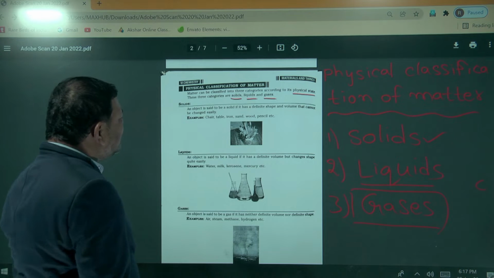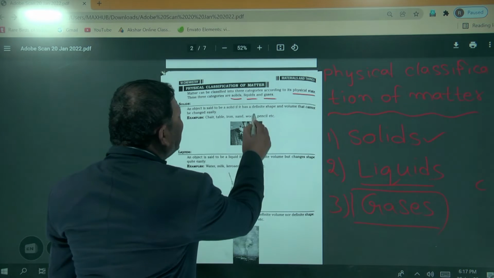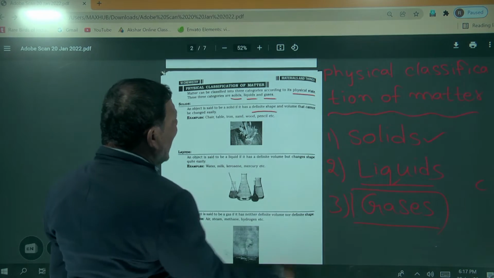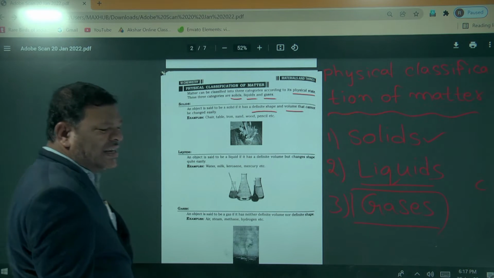An object is said to be a solid if it has a definite shape and a definite volume that cannot be changed easily.